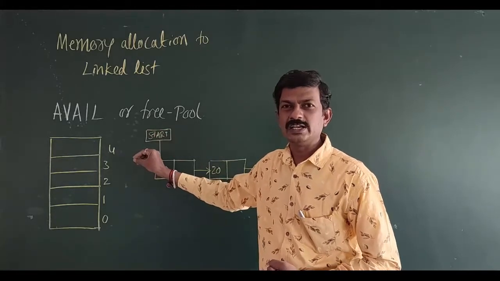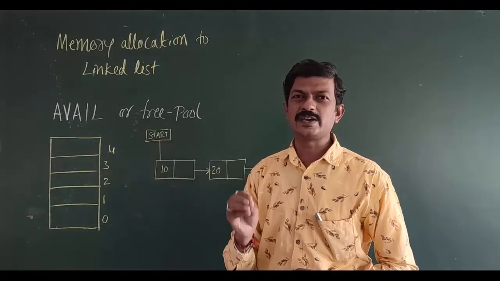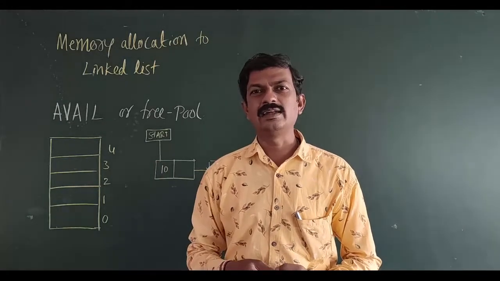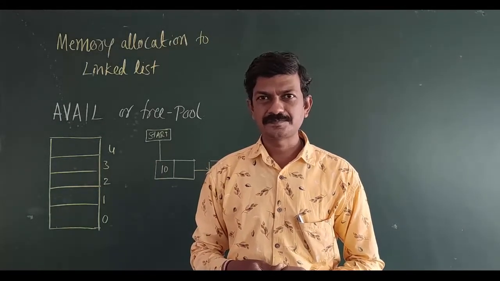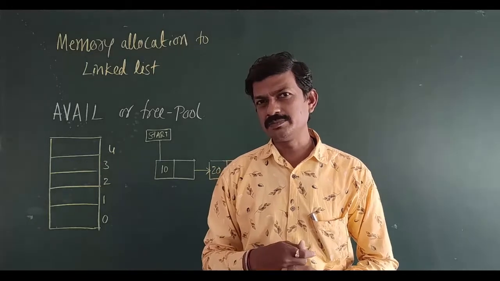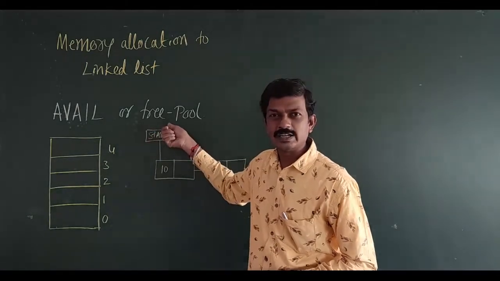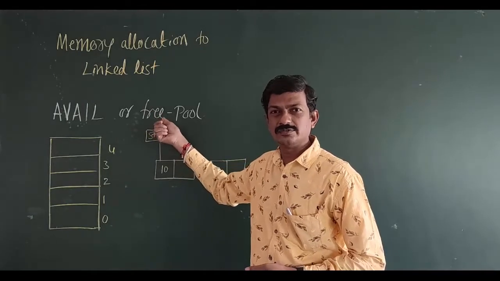From this memory, it allocates the space for the linked list which requires an extra amount of memory. An operating system maintains a special list called an avail list or a free list.